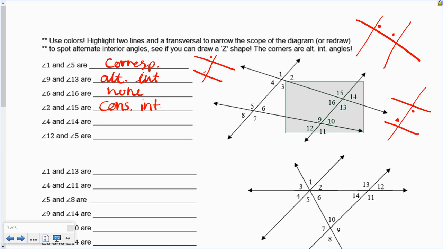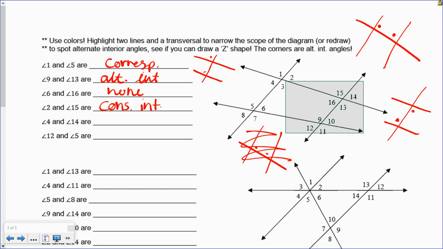Here's 2, here's 15. Now can you see it? Consecutive interior. Draw a little diagram for yourself. Could you do the same if you were working with the bottom line? Yes. So if you're doing 6 and 9, you could draw it like that too. Okay, I see.